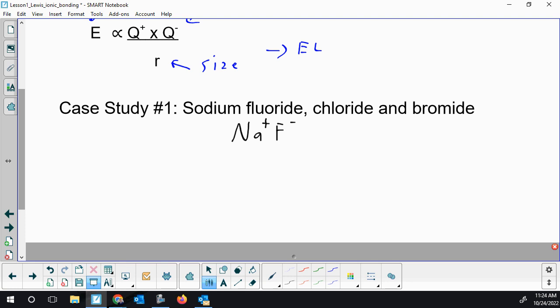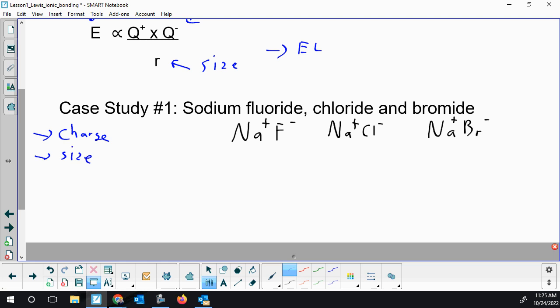Sodium's in group 1, fluoride in group 7. Sodium chloride, we've got sodium again and Cl minus. And last, we have sodium bromide. To make some predictions, we want to look at charge differences and size.